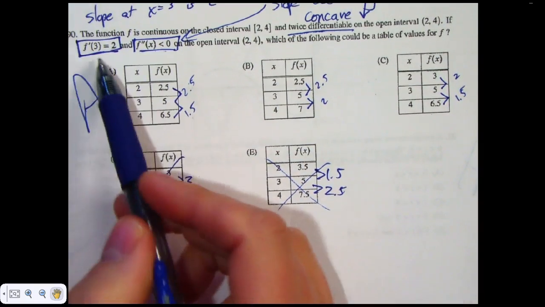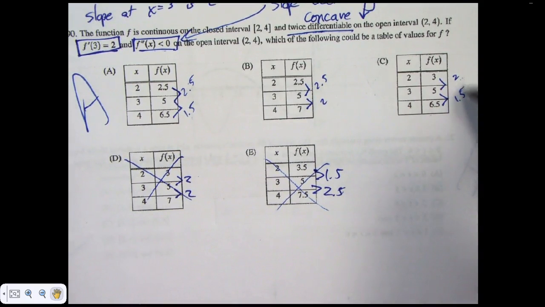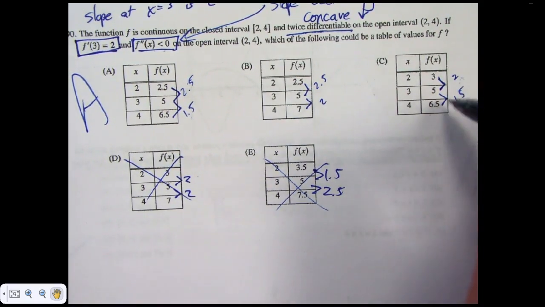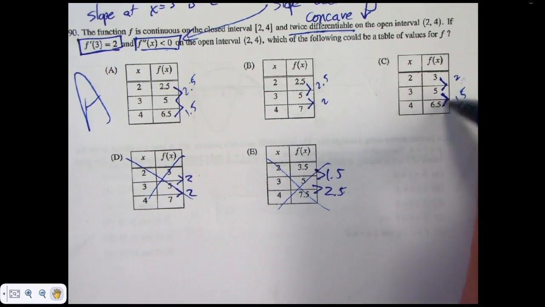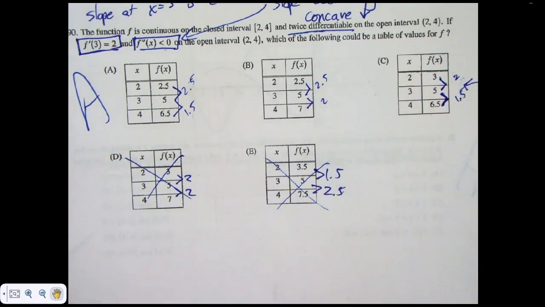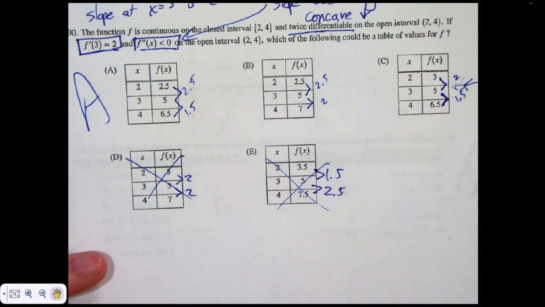Then the next thing is they tell us the slope at 3 has to be 2. Well, let's say I look at C. Before I get to 3, my slope is 2. After I get past 3, so like 3 to 4, my slope is 1.5. So at 3, it's somewhere in between these two numbers. It's between 2 and 1.5. Well, is 2 between 2 and 1.5? No. So the slope at 3 here is a number in that gap.